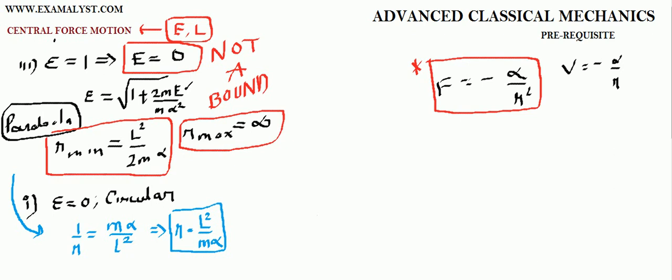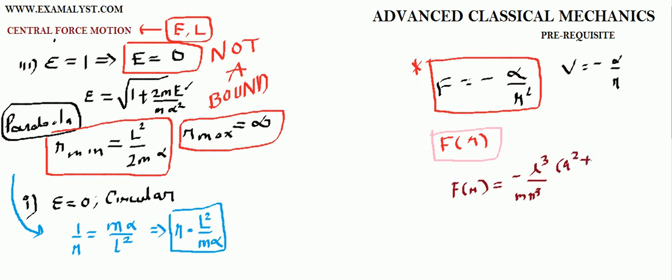However, there can be many weird types of forces which have a weird dependence on r, and they are all some kind of central force. For example, suppose there is one more force, and this force is also central because it depends on r. Its value is L cube divided by m r cube times (a square plus 1).